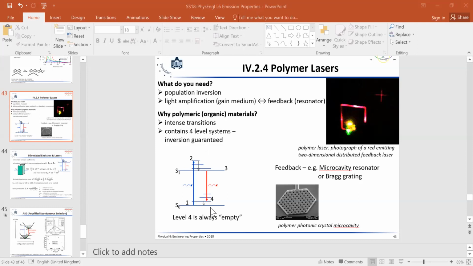Okay, so this is a 4-level energy system, and it can be divided into the ground state, excited state, a metastable state, and a final state. From S0, the particles are excited.